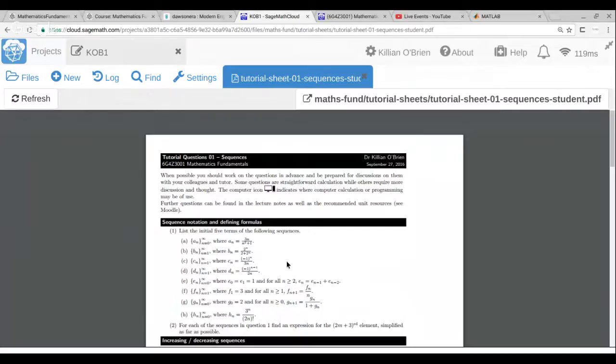In question 3, I want you to start to assess these sequences and find out whether they're increasing or decreasing. You may have varied success with these simple proofs, but try to do these arguments based on, like we've been doing here, the difference between terms or the ratio between terms, and try to generate proofs that they're increasing or decreasing.